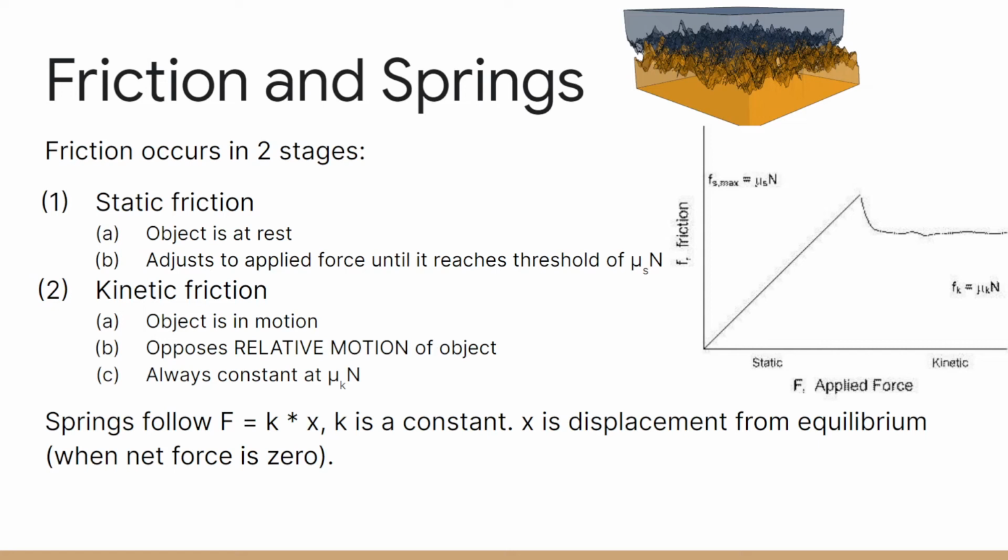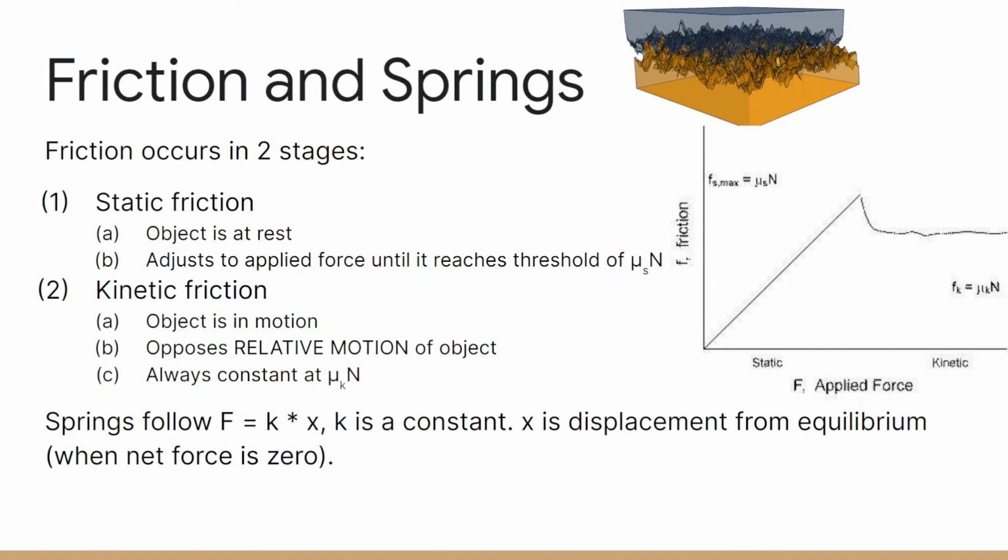And the thing with static friction is it's quite dynamic. It's very adaptable, it's going to be able to adjust to all the forces pointing against it, right? If you're trying to pull a box, it doesn't move until a certain threshold, right?